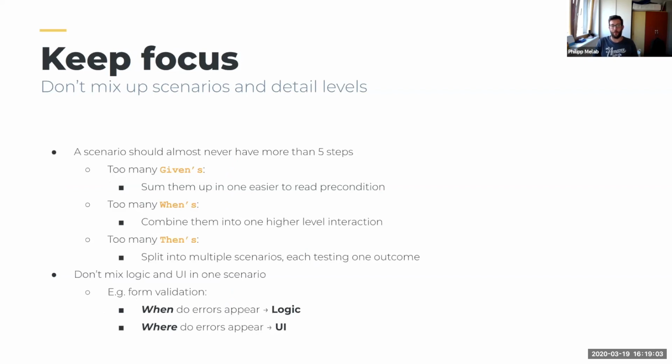If you have a lot of when steps, so a lot of actions that the user does, you have to combine them into one higher level interaction. For example, you have a login screen and there is a field for username, a field for password and a login button. If you have to describe the login every time, the user enters the username, the user enters a password and the user clicks on the login button, this is not something that brings additional knowledge or value into your scenario.